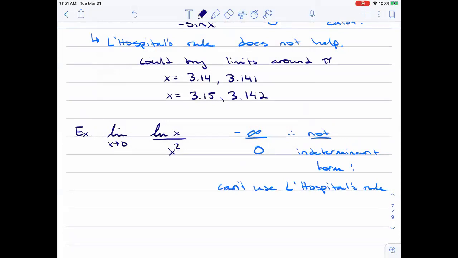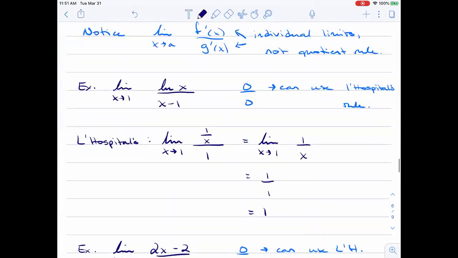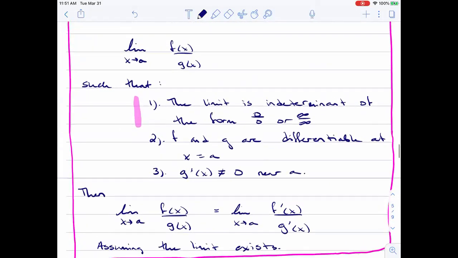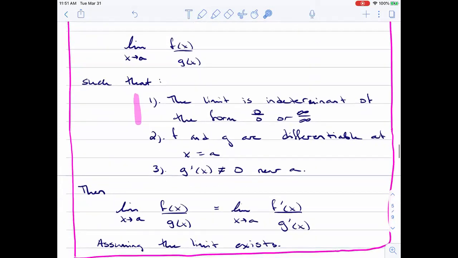Like I said, there are going to be cases, if I just go back to L'Hopital's rule for a second here, L'Hopital's rule says that if we have some sort of limit like f of x over g of x, so if we have the limit of a fraction and the indeterminate form is 0 over 0 or infinity over infinity, right?